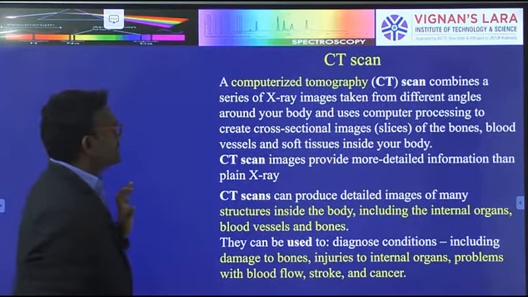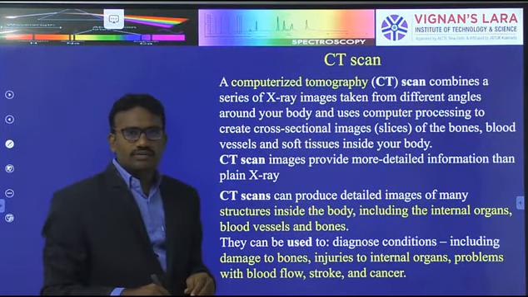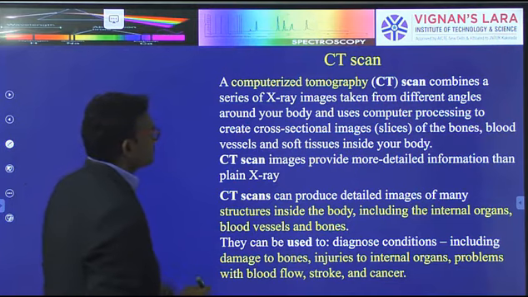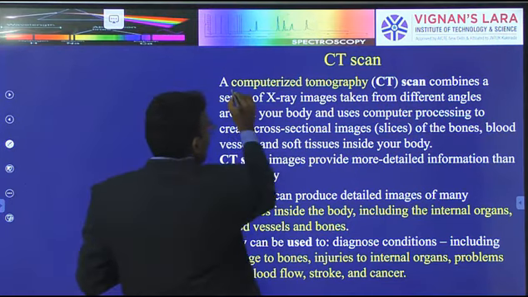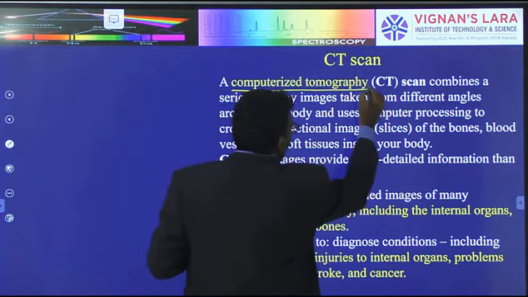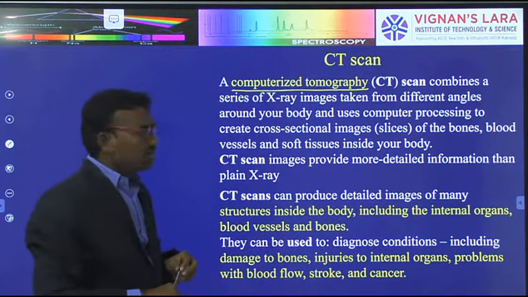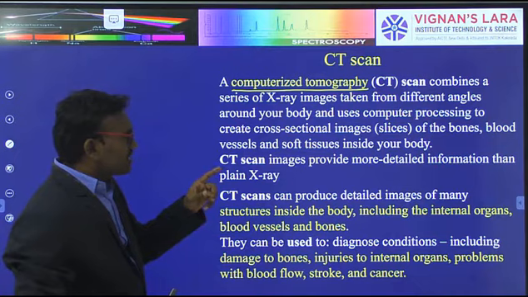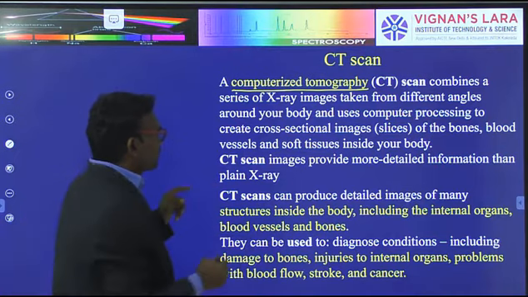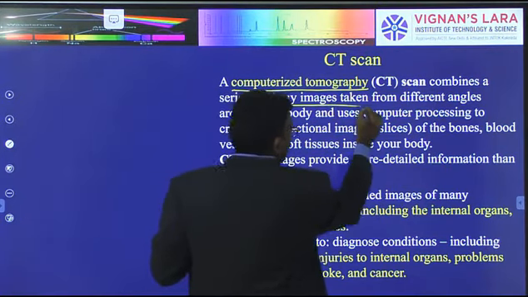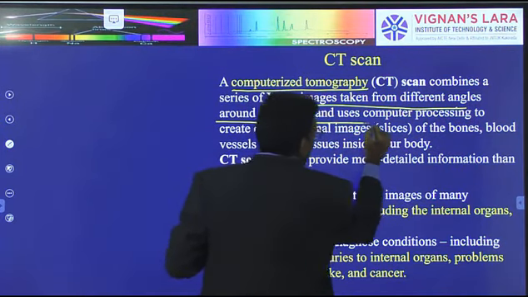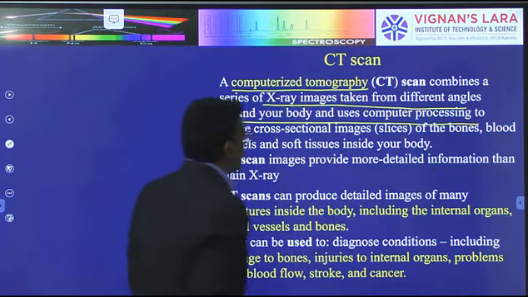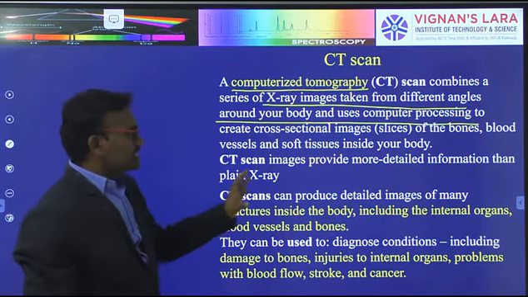The next is CT scan. What is CT scan? CT means computerized tomography. The CT scan combines several X-ray images taken from different angles around our body and uses computer processing to create cross-sectional images.